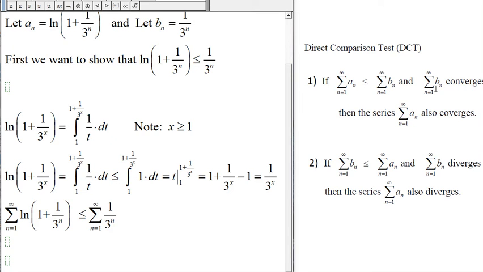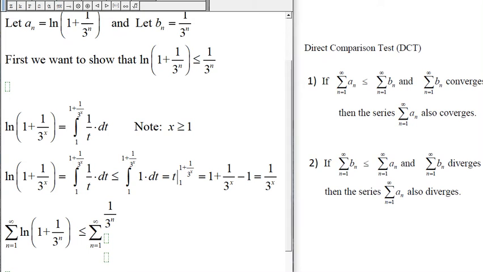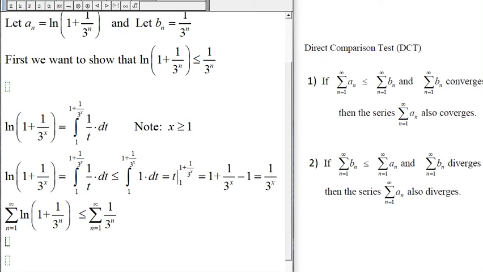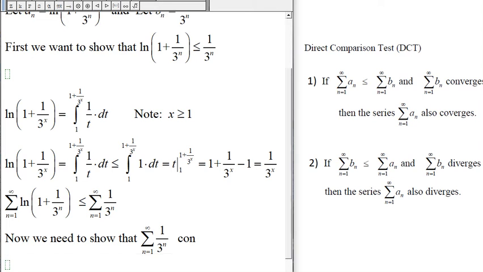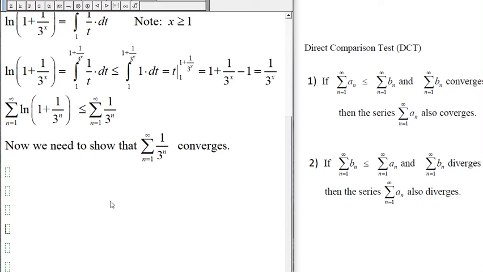And now we also need to show that the series B sub n converges before we can say that the series A sub n converges. So this is the same if we write this as 1/3 to the n.